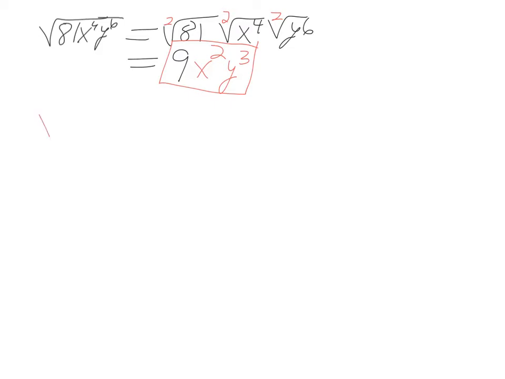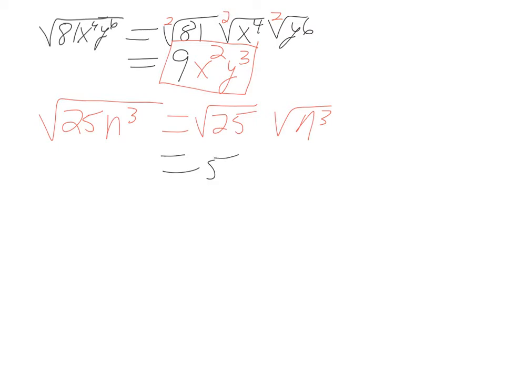Next one, let's try the square root of 25 n to the third. Alright, so let's separate each one of them. We have the square root of 25 is 5, and the square root of n to the third, and again, there's a 2 there.